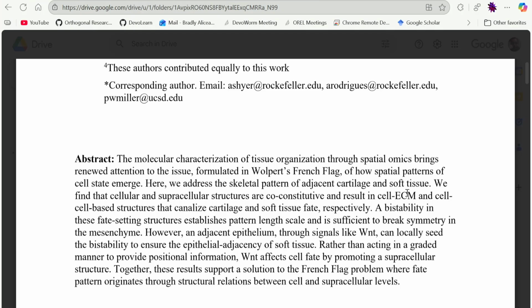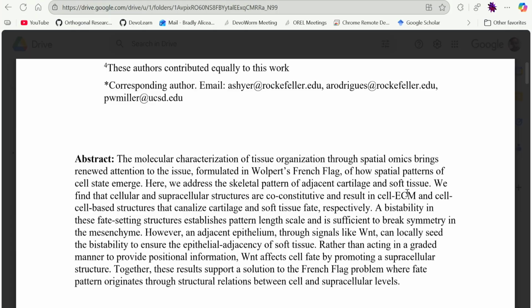And so a bistability in these fate-setting structures, okay, we did that. However, an adjacent epithelium through signals like Wnt can locally seed the bistability. We did that. Rather than acting in a graded manner to provide positional information, Wnt affects cell fate by promoting a supracellular structure.